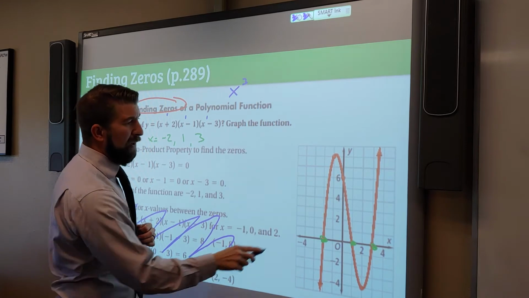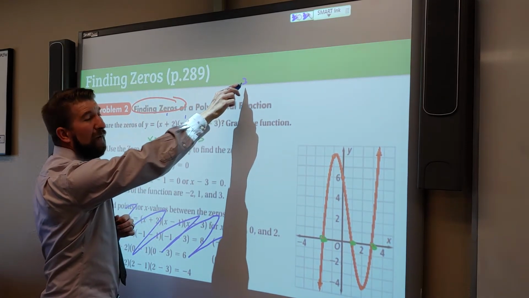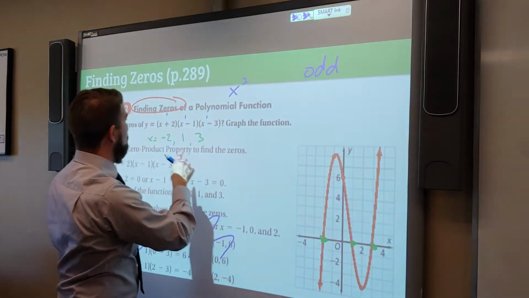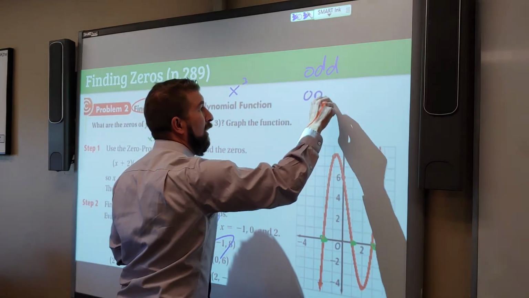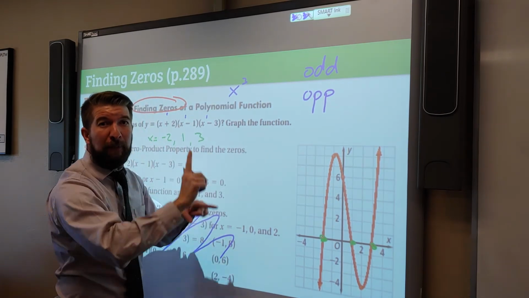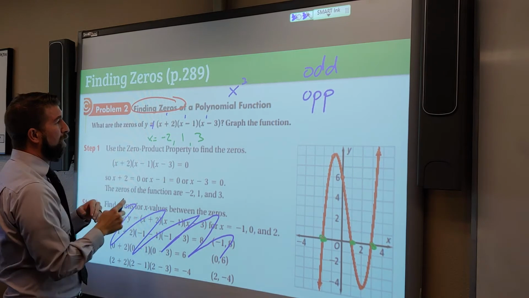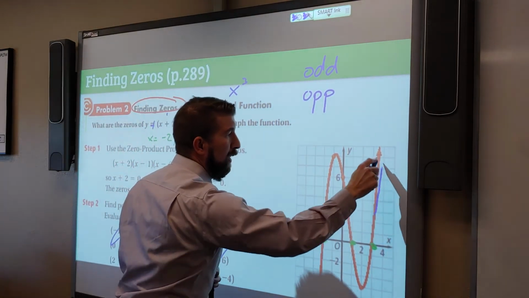And with our graphs, if you have an odd number, all right, so 1, 2, 3, odd number, then the graph, the endpoints are going to be in opposite directions. So since this is positive over here at the front of the parentheses, I know it's going to end up.